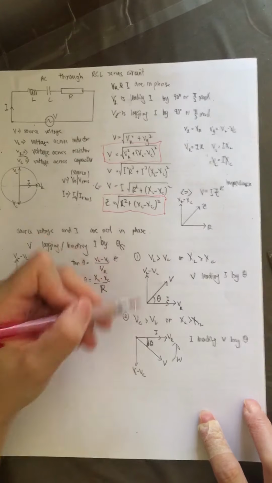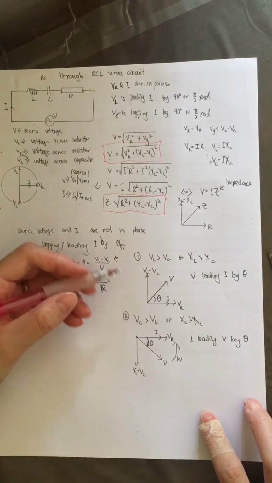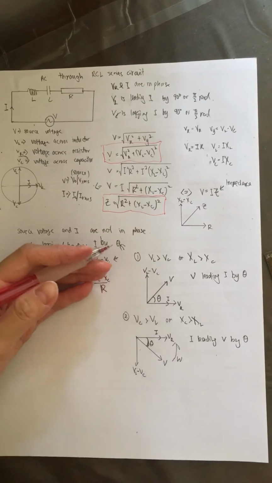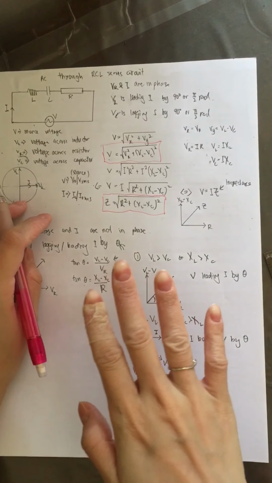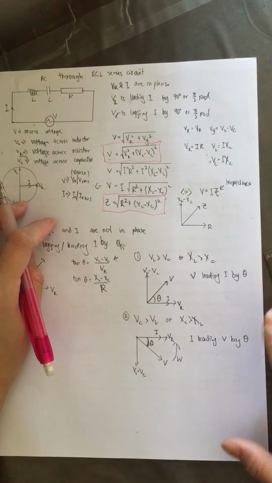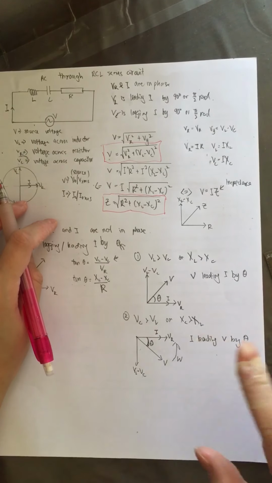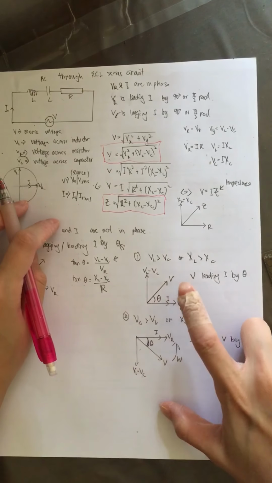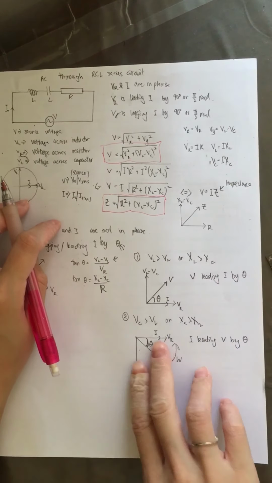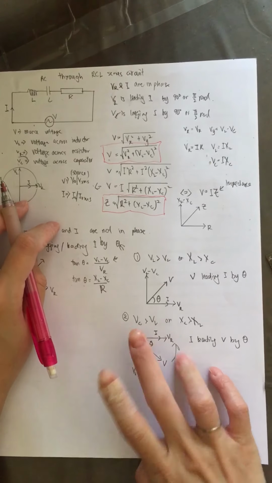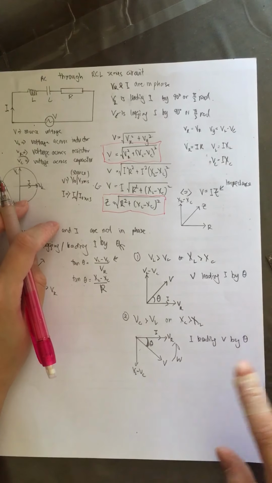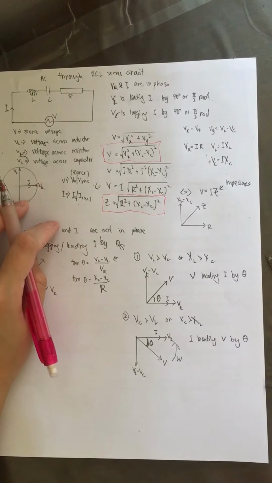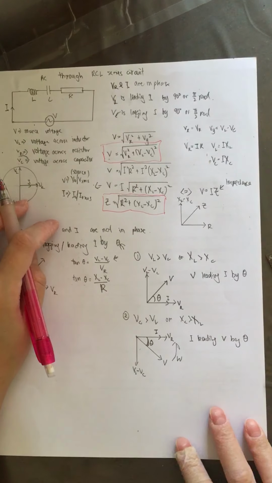There are two ways to determine which one is leading, so you have to be very careful. Look at which one has the bigger value. If L has the bigger value, your V is leading I. If the capacitor has the bigger value, then your I will be leading V by angle theta.